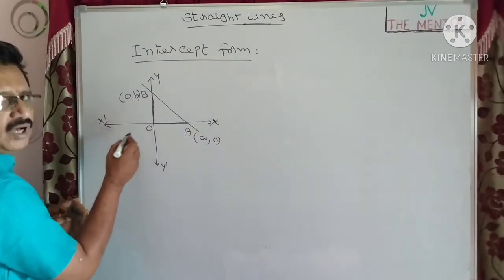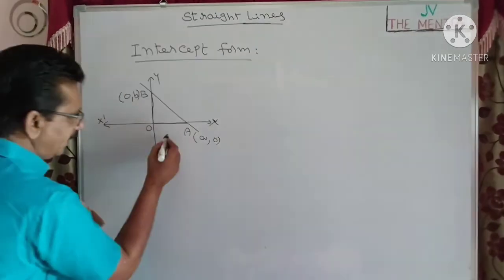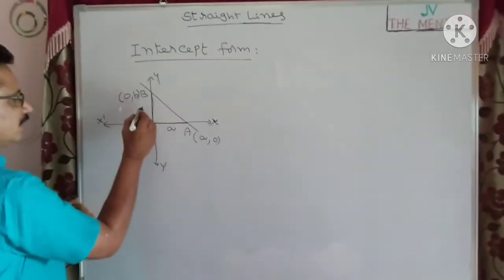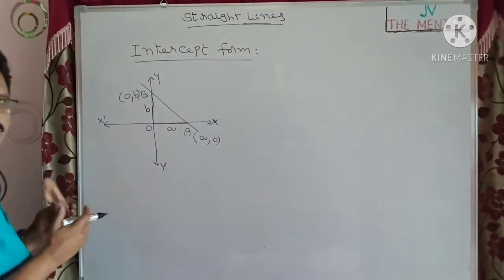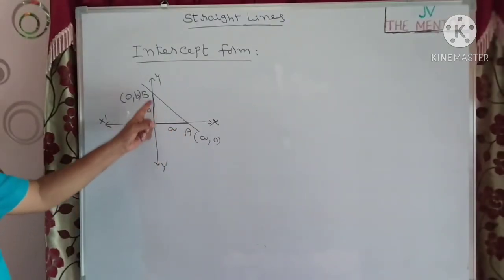The coordinates of O are 0 comma 0. The distance OA is A, and the distance OB is B. Here the x-intercept is OA, that is A. The y-intercept is B, that is OB.